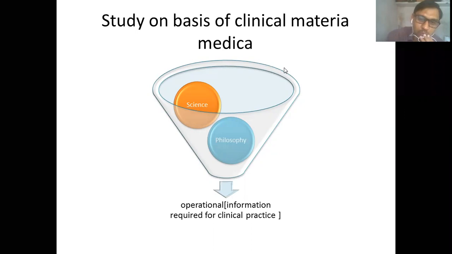And to convert this knowledge into practice, into its application to the sick individual, there are certain methods of materia medica which help us to convert all this science and philosophy into practical application.